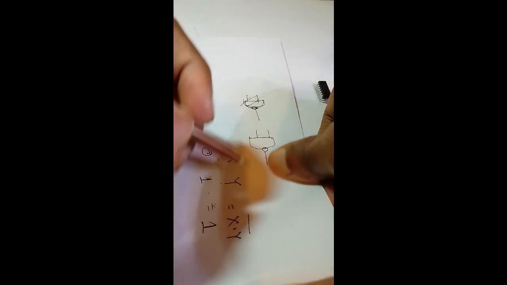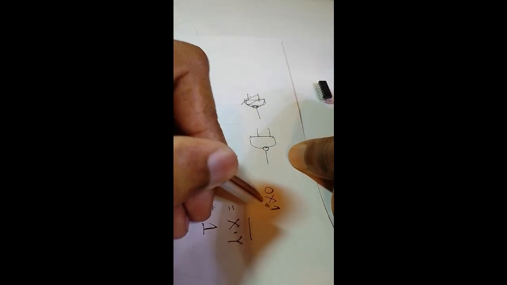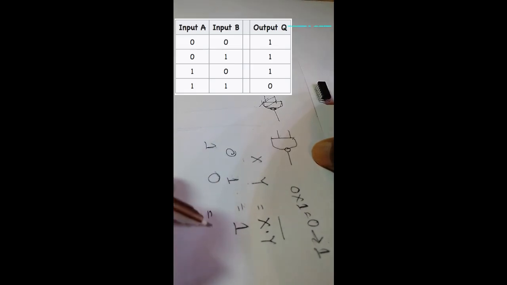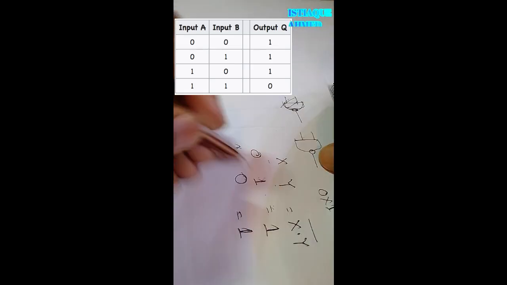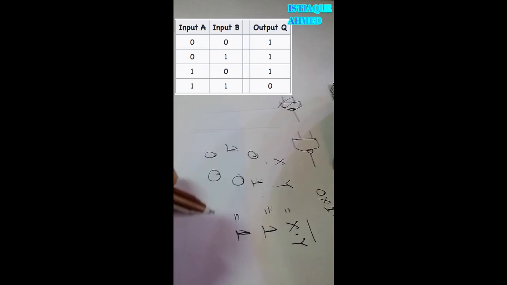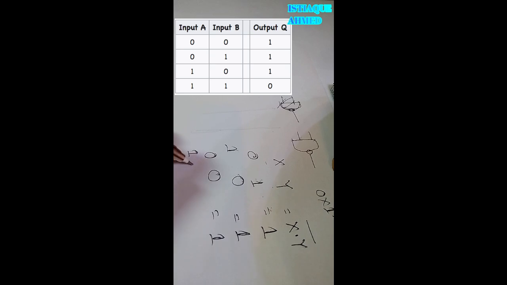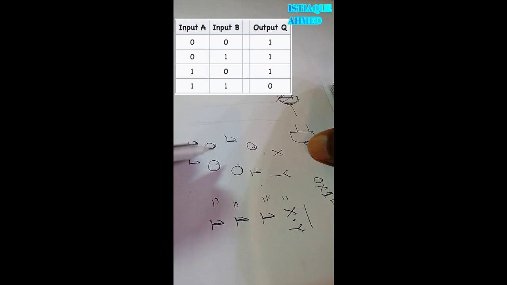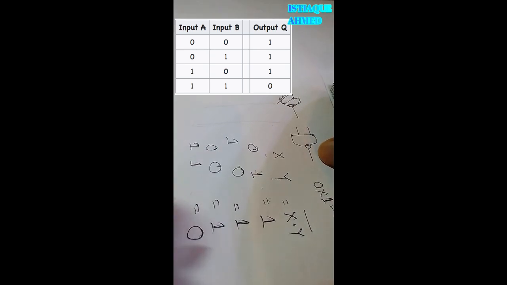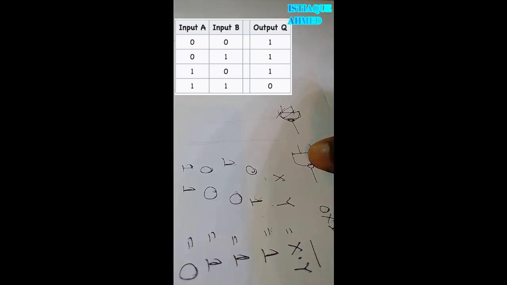But for the NAND gate we will get 1, like 0 times 1 equals 0, but its opposite is 1. Then 1 times 0 equals 0, but it's 1. 0 times 0, we should get 0, but it's 1. And 1 times 1, normally we should get 1, but we will get 0 for this input.